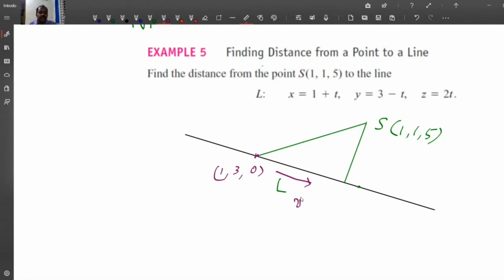So v is i minus j plus 2k. So this is your vector. Now we have to find PS.